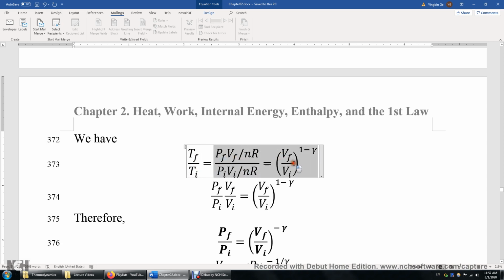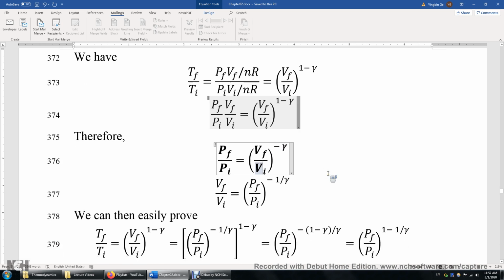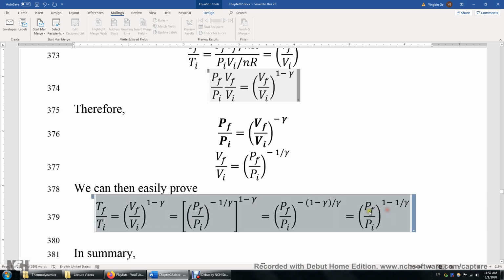Looking at this equation, the nR terms cancel. Now dividing both sides by the ratio of Vf to Vi, we get the ratio of pressures equal to Vf over Vi to the power of negative gamma. We can also easily prove that Tf over Ti, the ratio of temperatures, is equal to the ratio of pressures to the power of 1 minus the reciprocal of gamma. You can do this derivation easily.